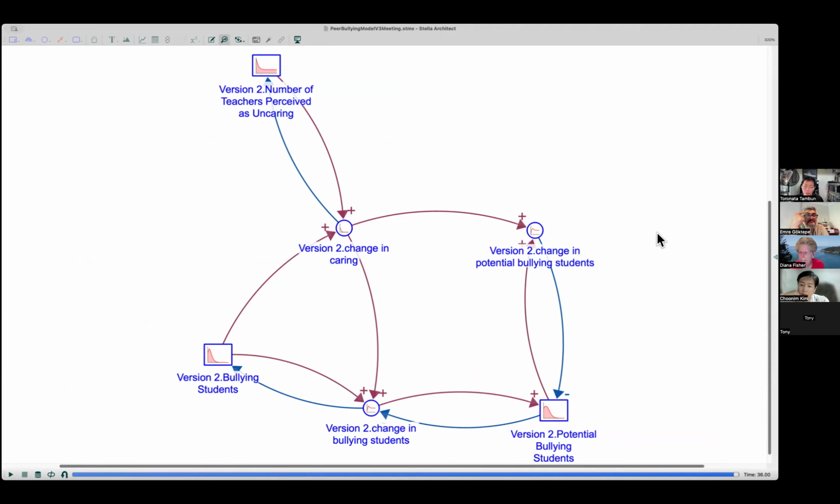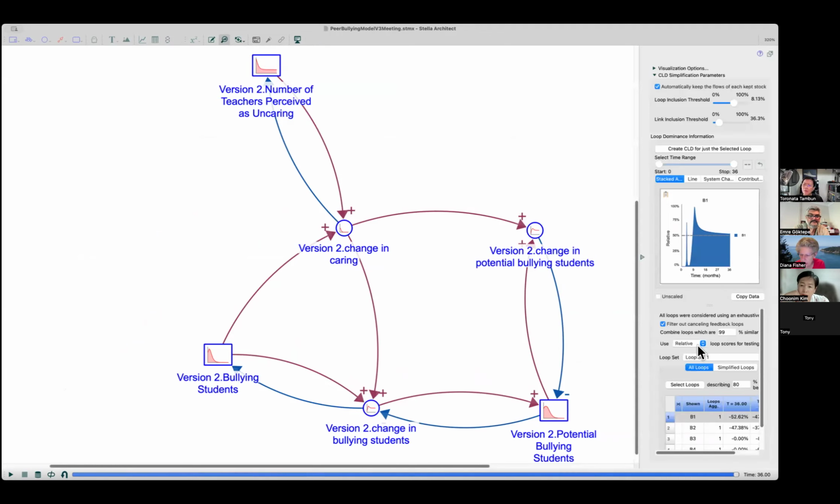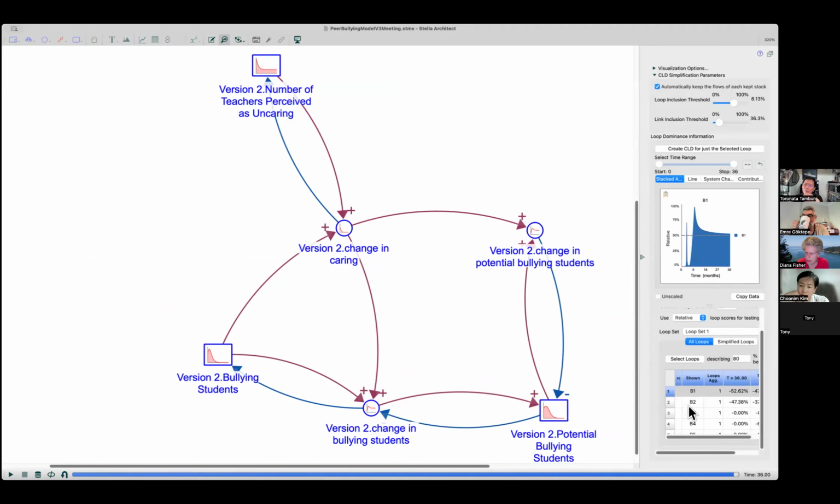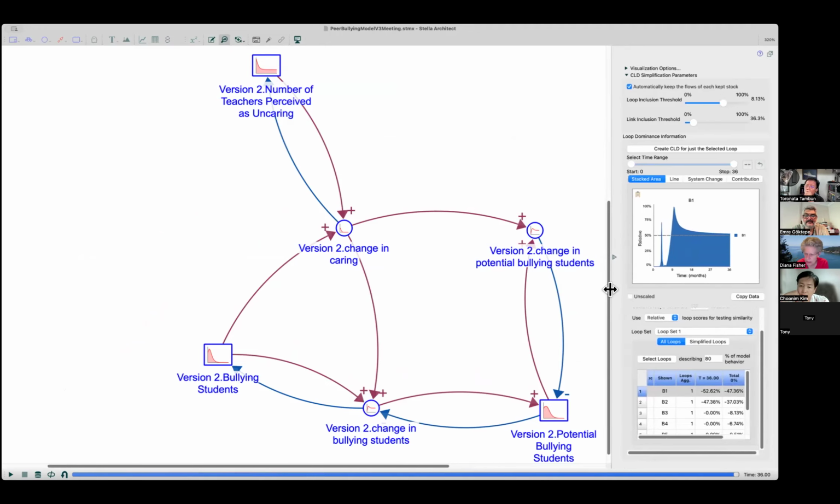Wow. And if you go here, these are the different loops. Let me move this over. These are the different loops. There are 6 balancing loops. There are no reinforcing loops. They're all balancing.